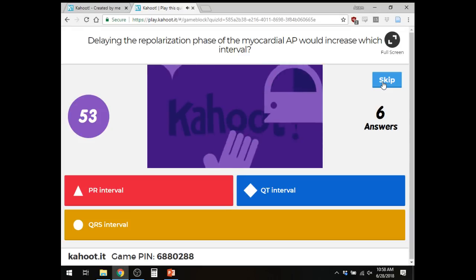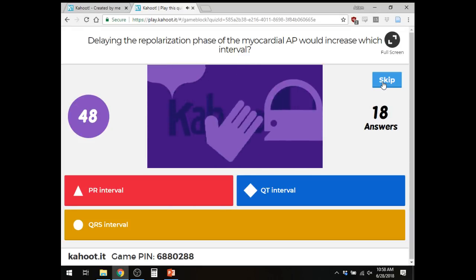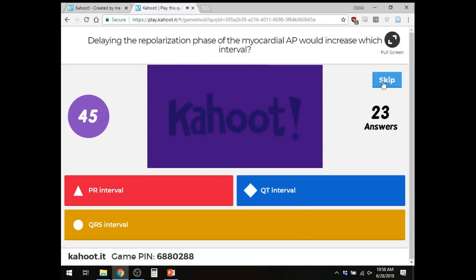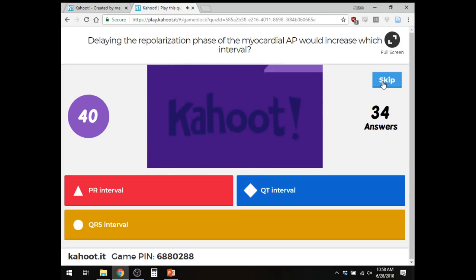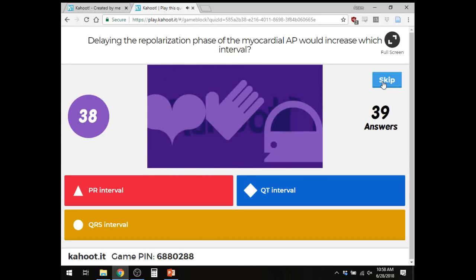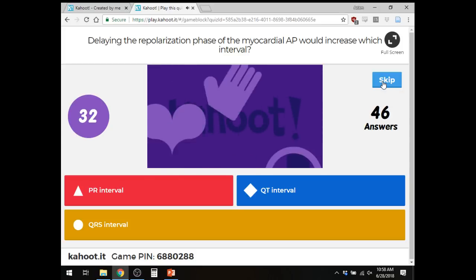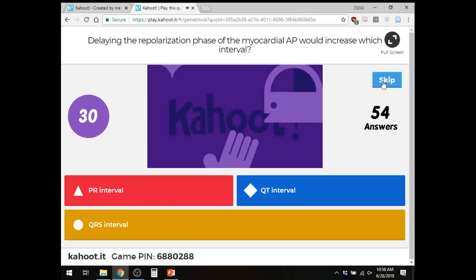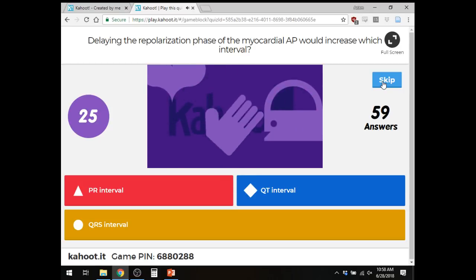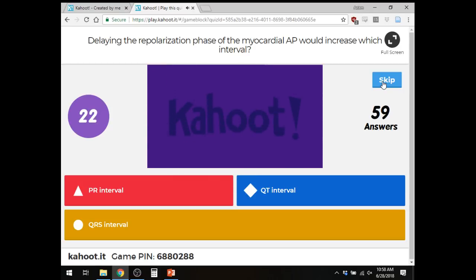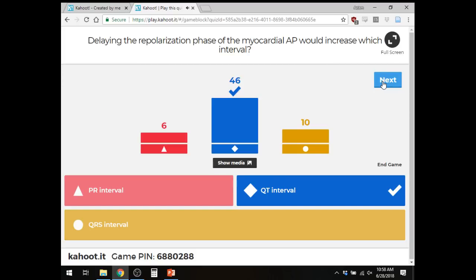So you got to think back, what are your different waves referring to as far as what's going on in the cardiac cycle? All right, QT interval is correct.